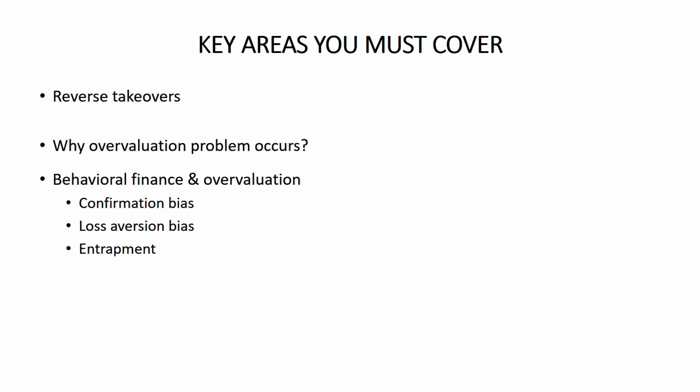Next we have anchoring. What is anchoring? We saw that decision making may be affected by available information, even if it is not necessarily relevant. We always react to the information which is very available, which is very recent. Even if it's not relevant, we don't care about the relevance.